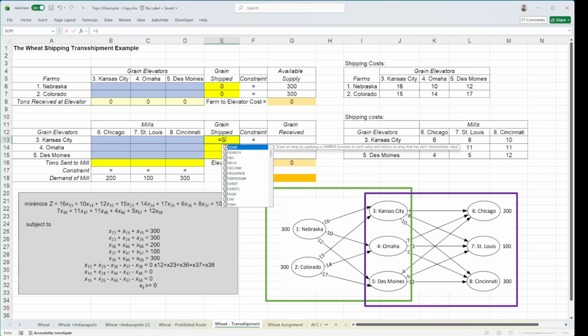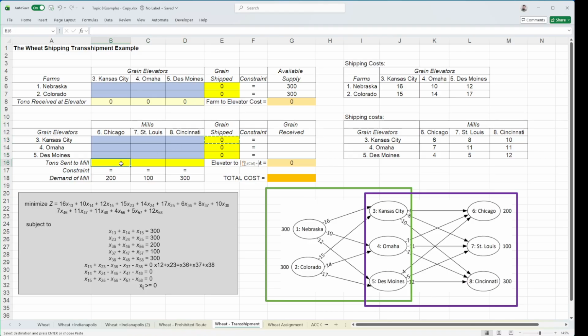Going back to the spreadsheet, it would just be the sum of the 3 blue cells in the same row on the left of the yellow cell. B14, D14, B15, D15.